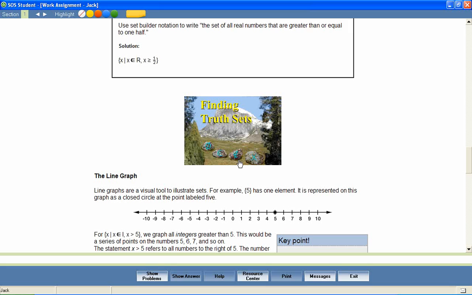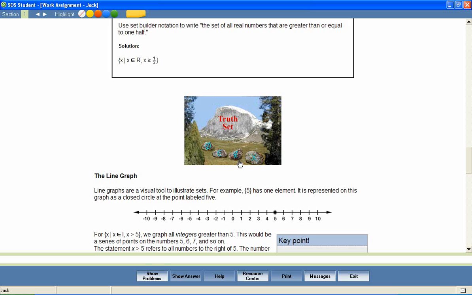The language of set theory is used in algebra to solve problems. Suppose we write a set 3, 5, 7, 9, 11, and 12. Then we say x is an even natural number in set A. Well, 12 is a subset of A. Since the variable x can be replaced by 12, the subset 12 is the replacement set, or the truth set for the unknown variable x that makes the statement true.